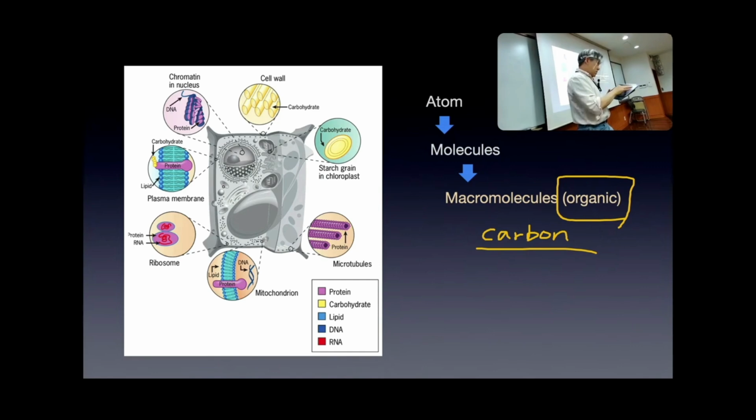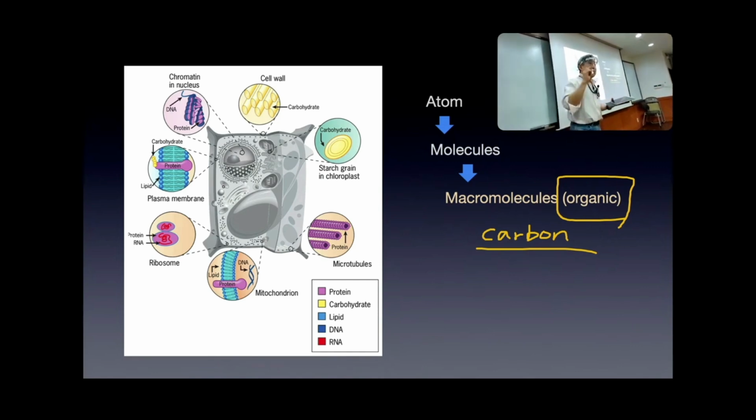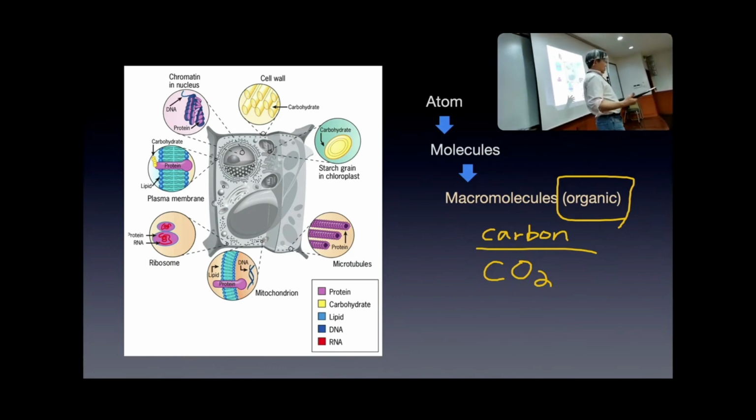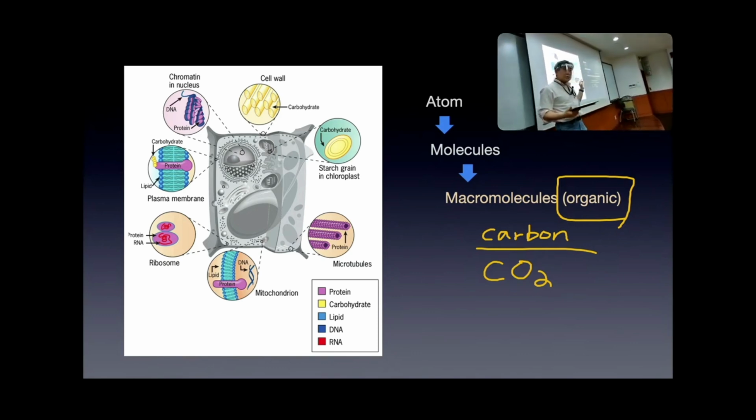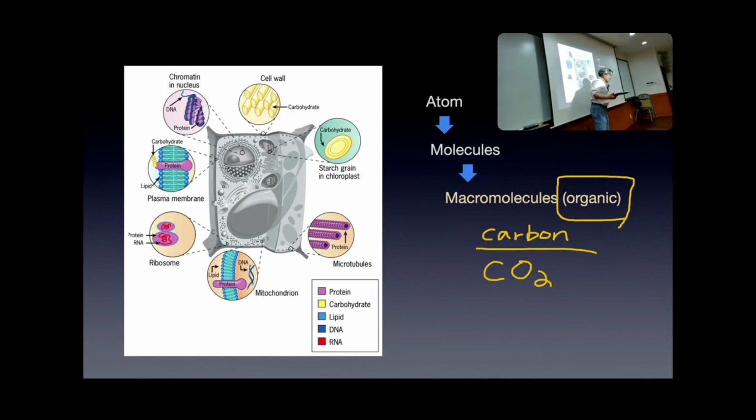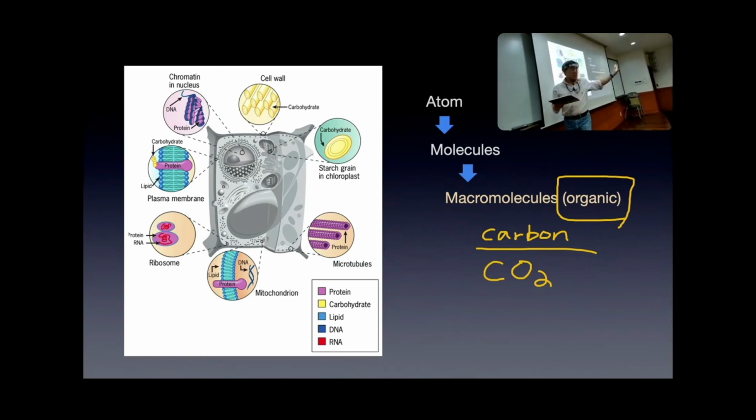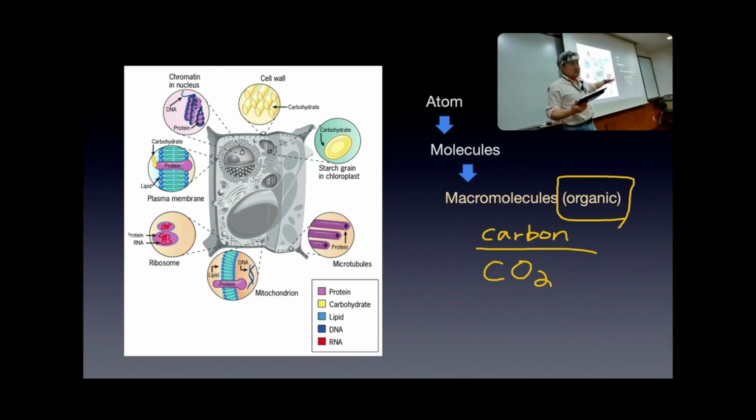The one exception, a carbon-containing compound that we don't consider an organic molecule, is probably this. Everyone knows this chemical? Carbon dioxide, CO2. Carbon dioxide is probably the only exception. It has a carbon, but no, it doesn't count. It is not organic. But what's the opposite term of organic molecule?